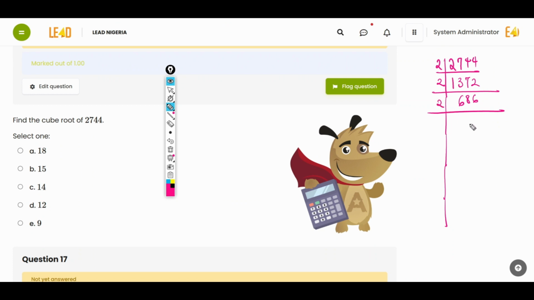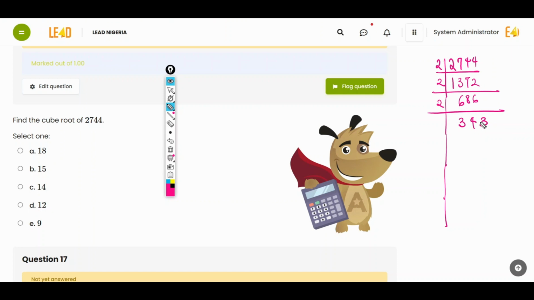Could work with 2 again. I would have 3, 4, 3. All right, so 2 doesn't work, obviously. 3 doesn't work because if we get the sum of the digits, it's 10, which cannot be divided by 3. So that means the number itself cannot be divided by 3.